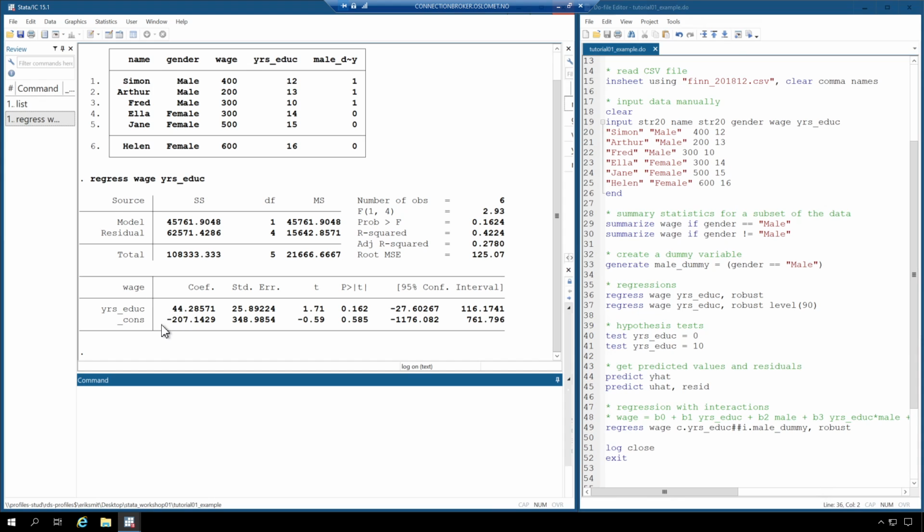The constant here is negative. It's the value of our regression function given an x value of 0, which means 0 years of education.